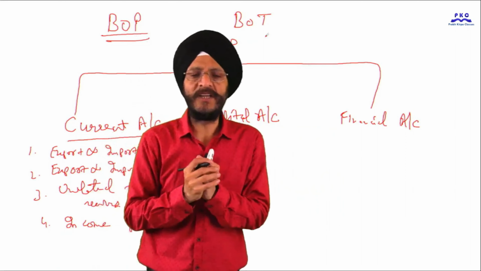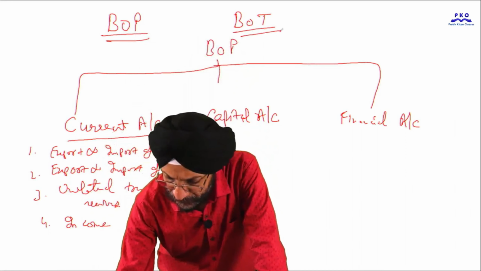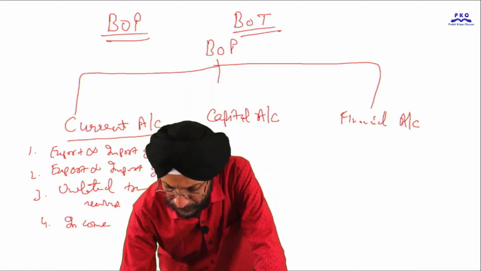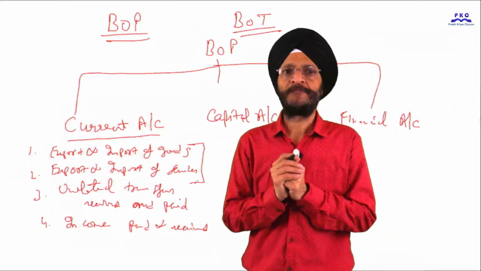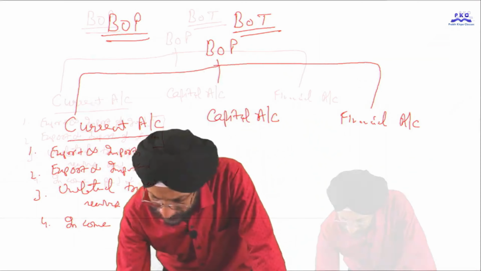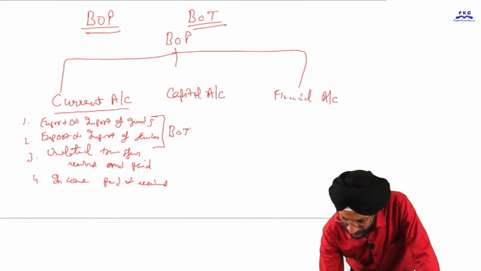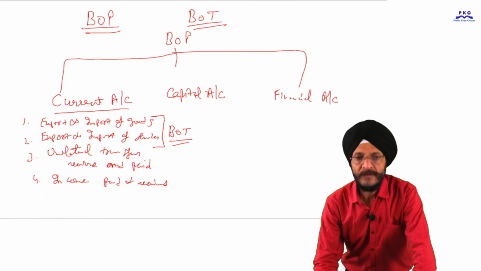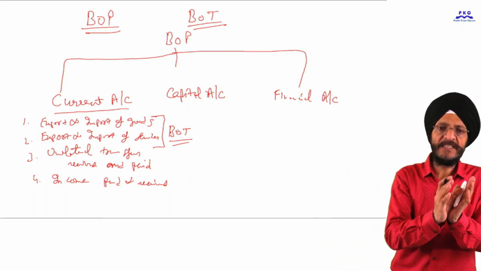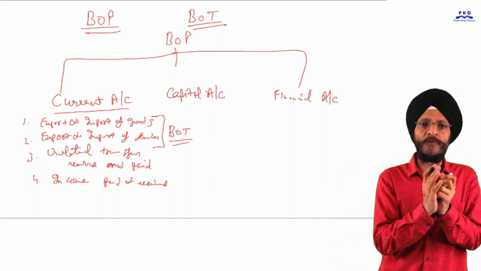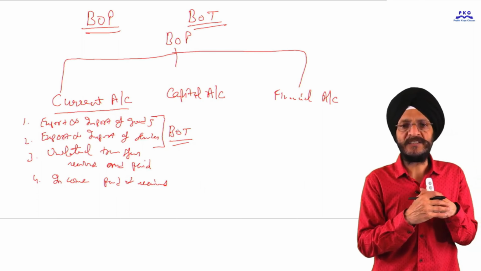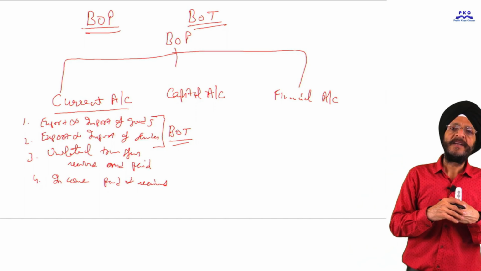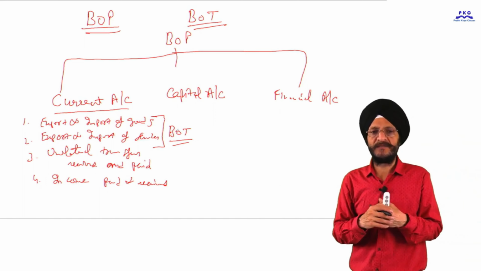When we are talking about balance of trade, these two items, export and import of goods and services, pertain to balance of trade. Balance of trade means the difference between the value of exports of goods and services and imports of goods and services.